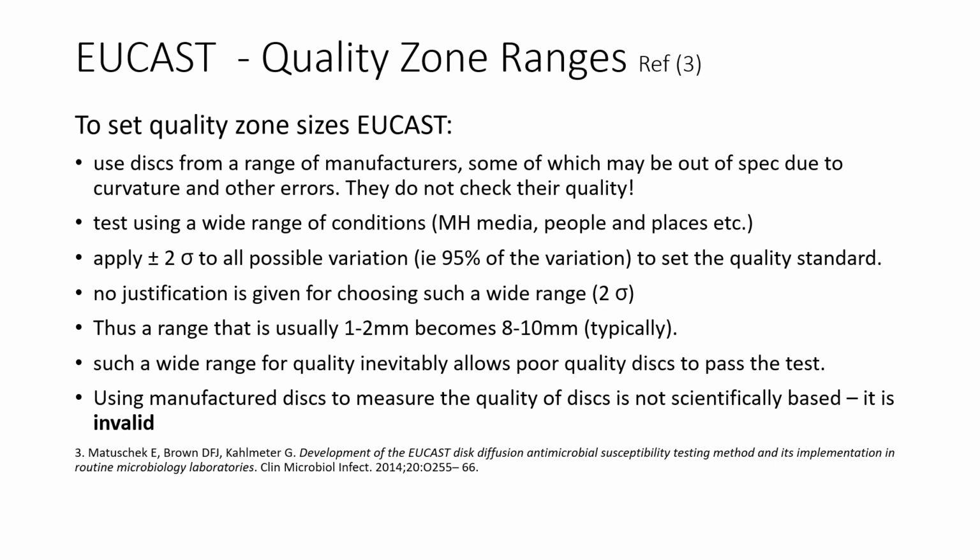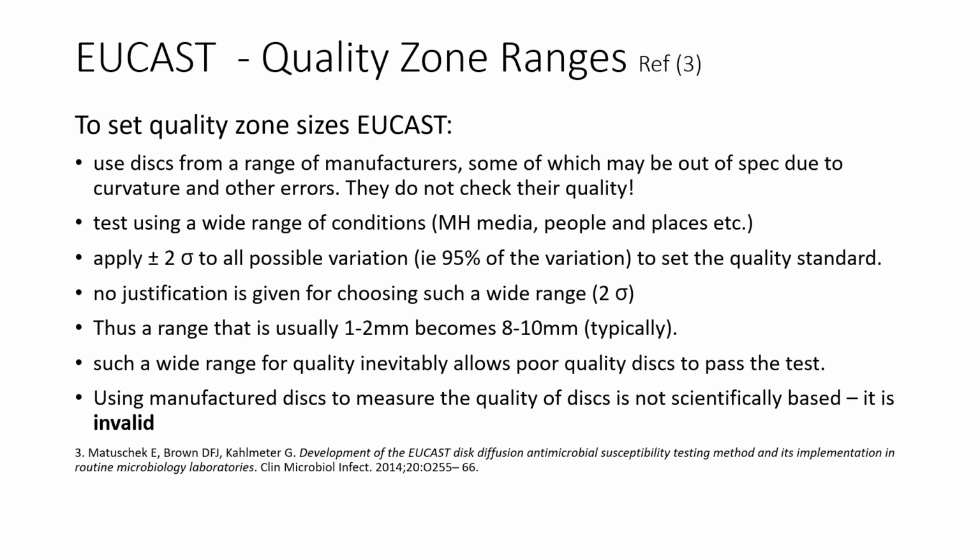So what happens is that a batch of discs, which may have typically a range of 1 or 2 millimeters, ends up being a quality zone range of 8 to 10 millimeters. So that means that it is quite possible for poor quality discs to pass the test.